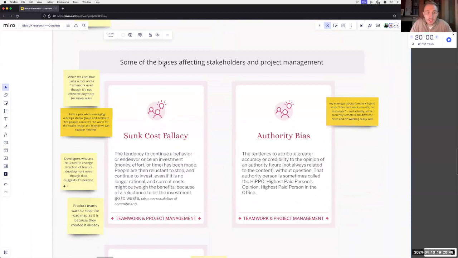So we discussed this as examples that we've seen from two different sides of the same coin. One we see from the developers or the engineers. I work for a SaaS company, where we see engineers very reluctant to change direction or pivot on features simply because they're X% through development of a particular feature.